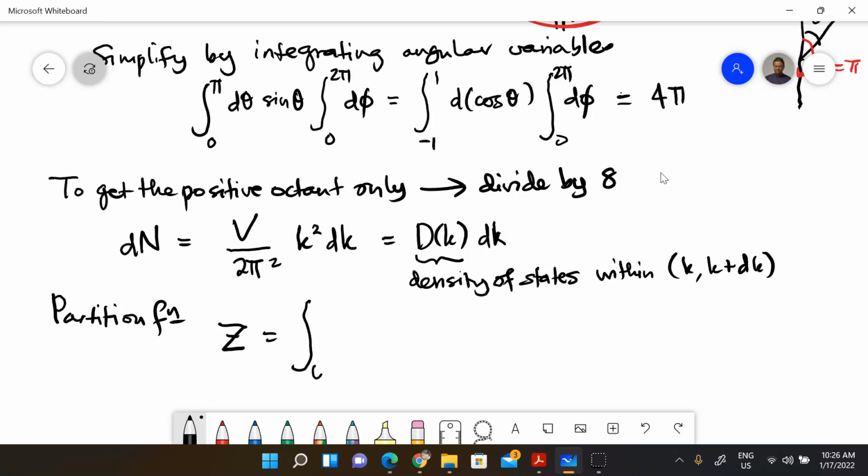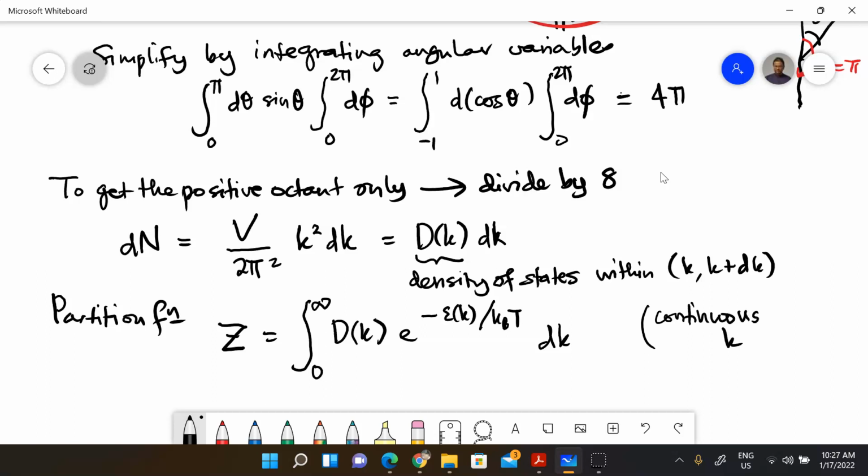Integral from 0 to infinity of dk exponential of minus epsilon_k over kBT, integrating over all possible k. So now this is already taking the fact that we have gone to the continuous k. Why is this possible?